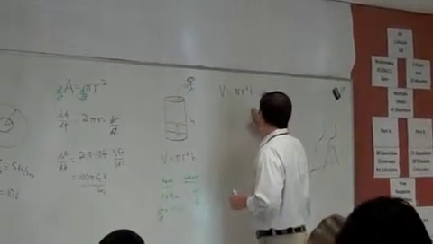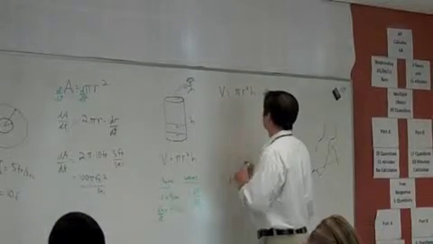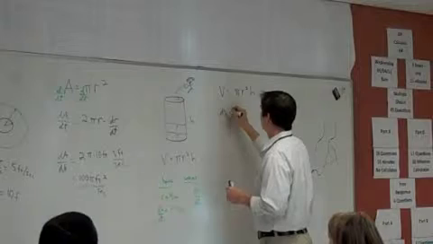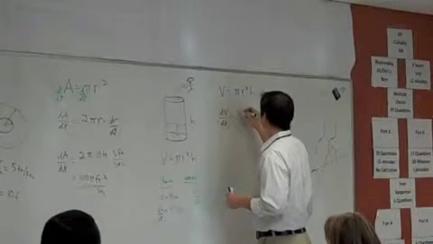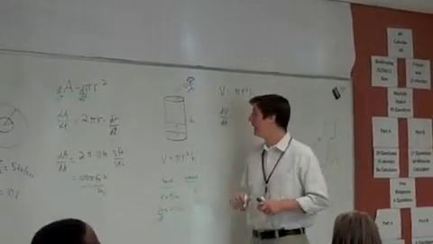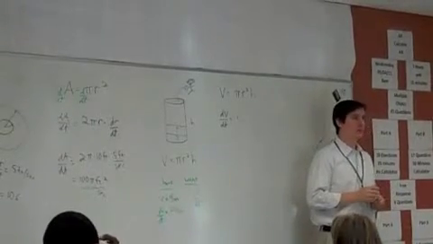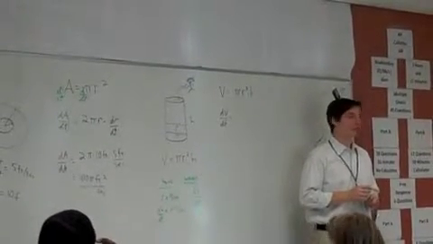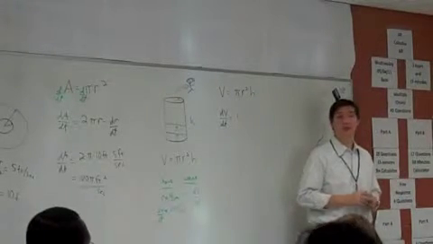Give me what our derivative equation is. Change in volume over change in time equals... oh, I got two different things. I got 2 pi r and I got pi r squared. Which one is it, you guys? Do you want to show some answer?